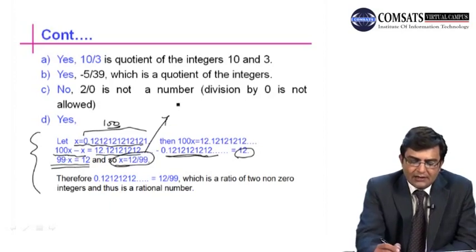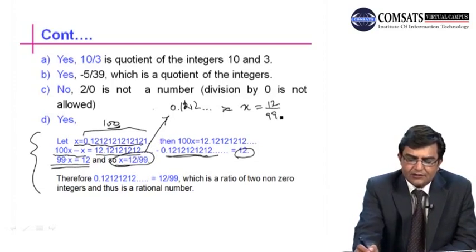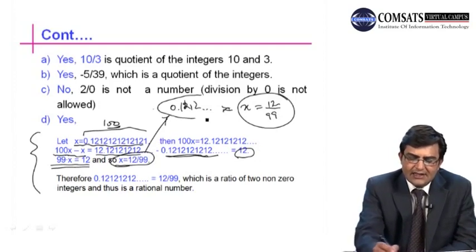So the number 0.1212 and so on can be written as x is equal to 12 by 99.